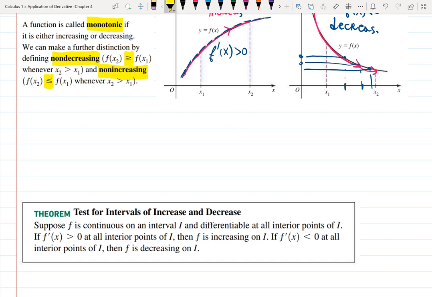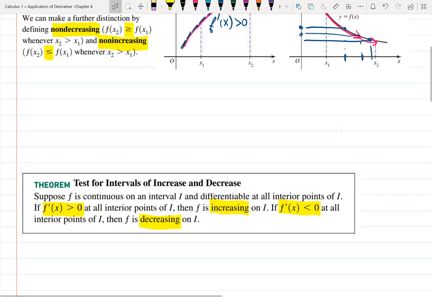If the function is continuous and differentiable, so we can take a derivative, on I, then if it's positive at all interior points, the ones that are inside of I, not on the edges, then the function is increasing on that interval. If the derivative is negative, the function is decreasing on that interval.